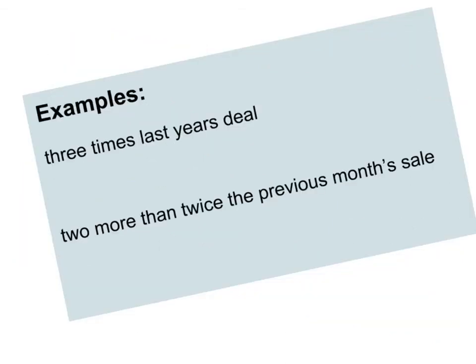A few examples are 3 times last year's deal. So the key words, we have 3, which will be this, times, which will give you that multiplication, last year's deal. So we're talking about the deal that we don't know, so maybe I use D for deal. Could I have used Y for year or L for last year?